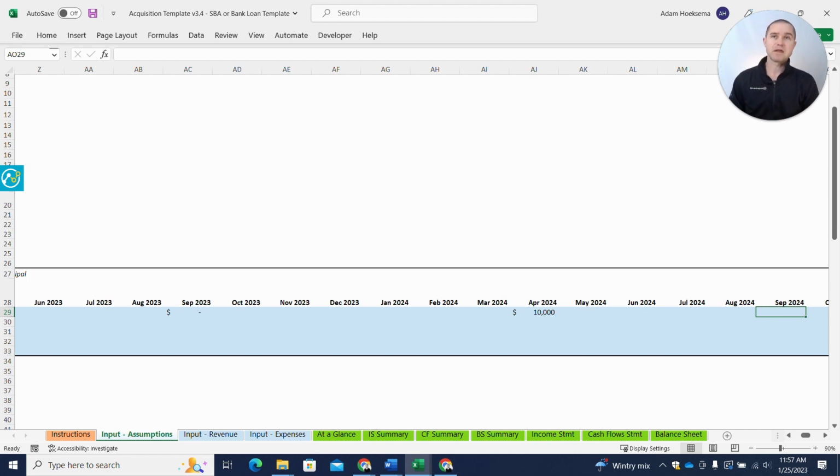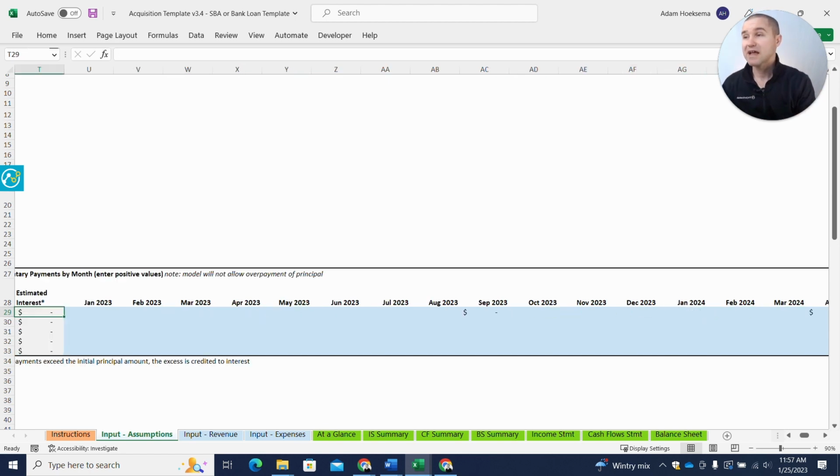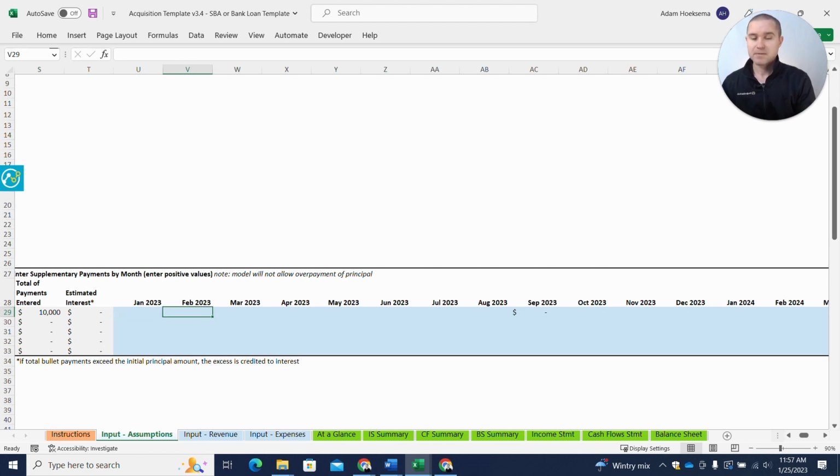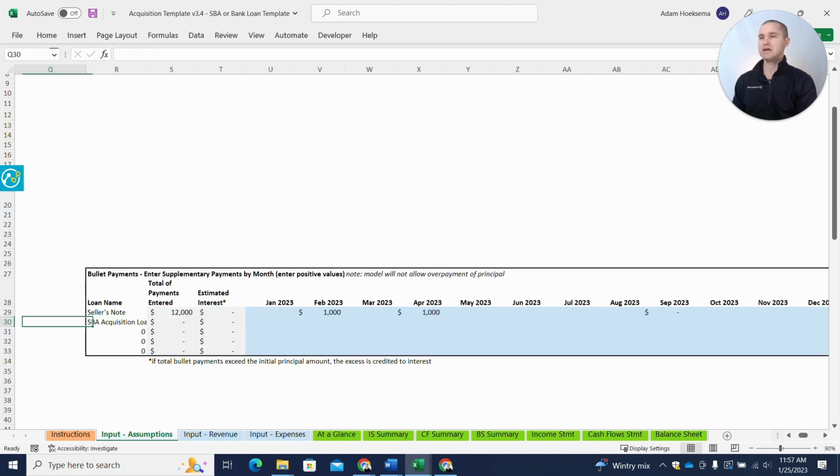It's also possible that the bank would just refinance and pay off the seller after a year or 2 years or 3 years or 5 years, paying them off faster than the normal amortization. And so anyway, you can set up any sort of custom payments. You want to pay the seller an extra $1,000 in February, or every other month you pay them an extra $1,000. You can set all of these custom one-off payments in this section.